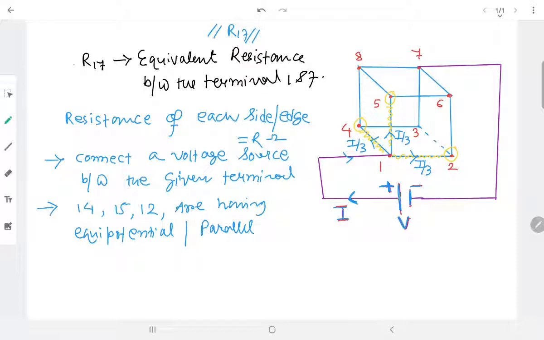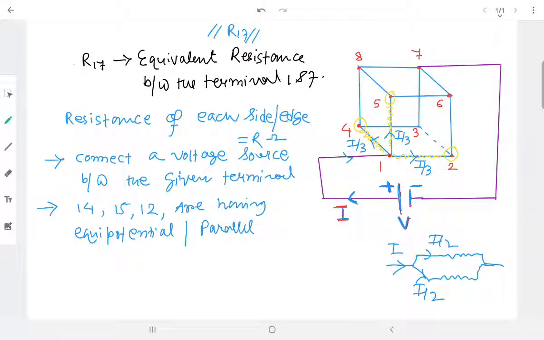We know that in a normal circuit, suppose these two resistances are in parallel. Hence if this current is I, then this current will be I by 2, and this current will be I by 2. That means current divides equally, that means they are in parallel.